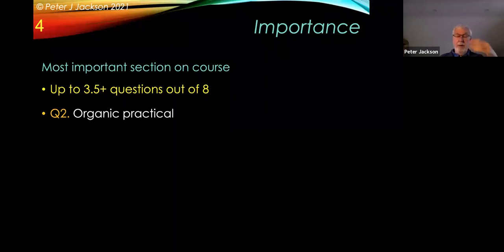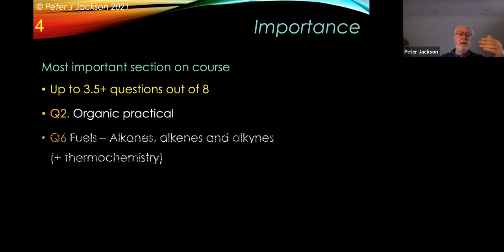The layout of the paper is going to be pretty much the same, so it's pretty fair to assume that question 2 has always been the organic practical or organic experiments. Question 6 deals with the fuels, that's the alkanes, the alkenes, and the alkynes. And at the tail end of that, a bit on thermochemistry.